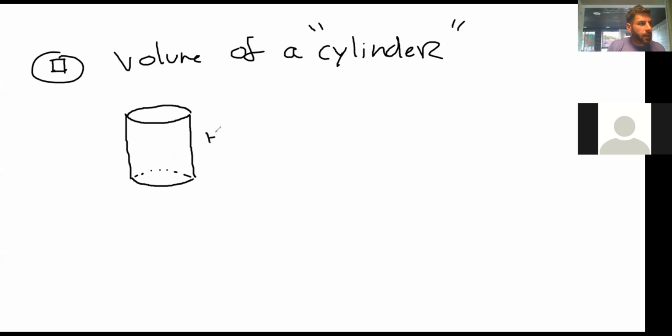So this guy has a height, and it also has a radius for its top and bottom. So if we agree that the volume of a cylinder is pi r squared h, then we're golden. So we got to make these assumptions. Or I don't want to call them assumptions. We have to agree that these are reasonable definitions, and we're going to make this a definition. The volume of a cylinder is given by this.